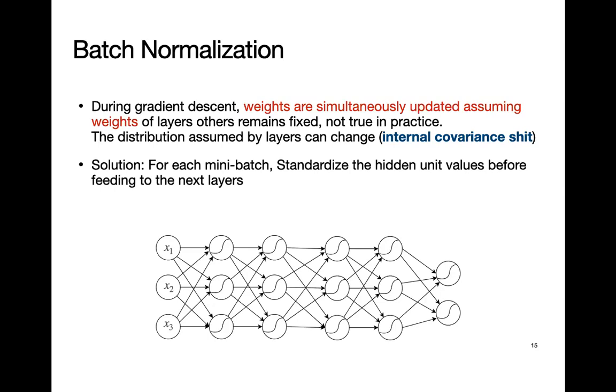So we can apply batch norm on each hidden layer to make sure that all of them have the same mean and the same standard deviation. This will fix the first problem of internal covariance shift, and we also speed up your training. So how is this applied in practice?